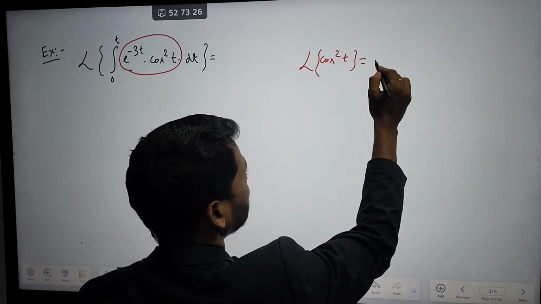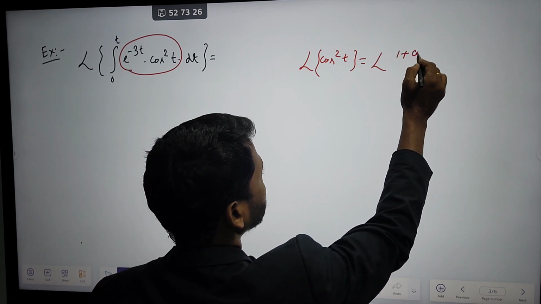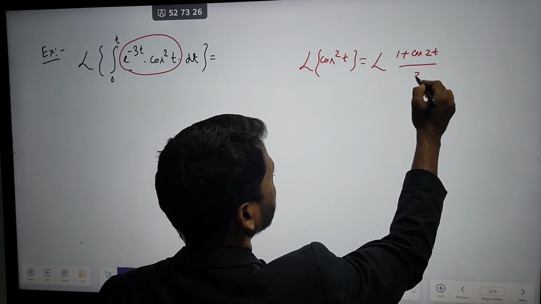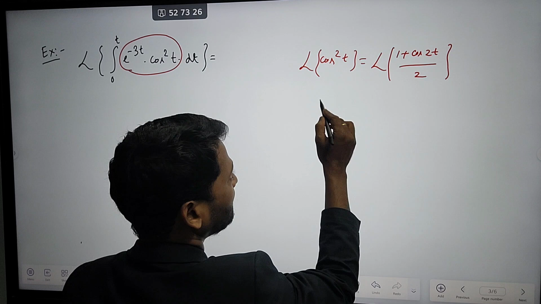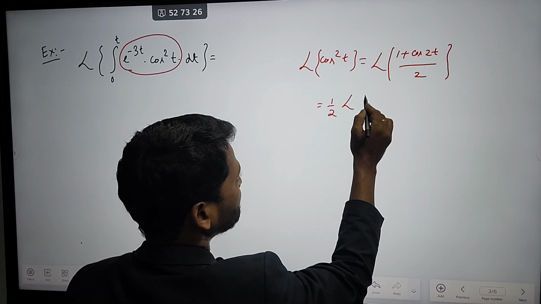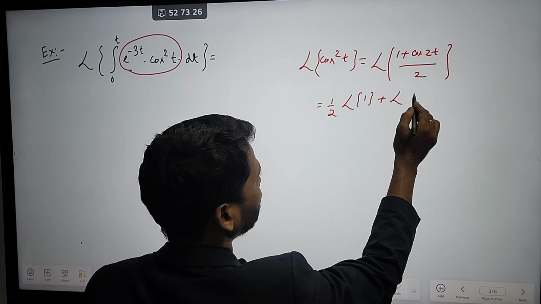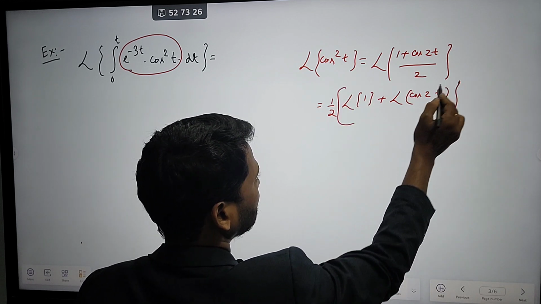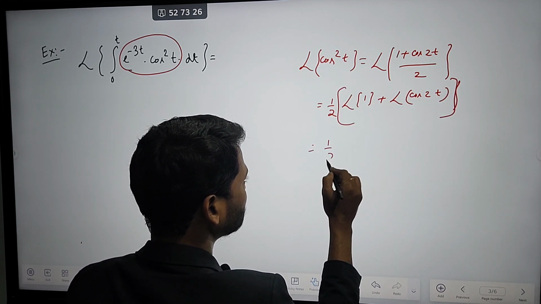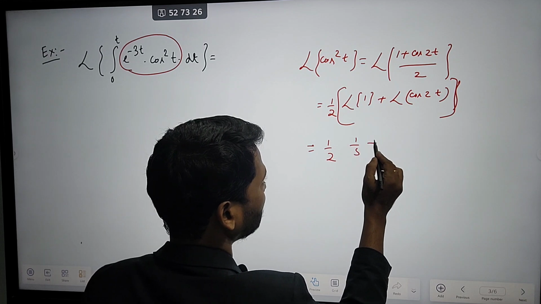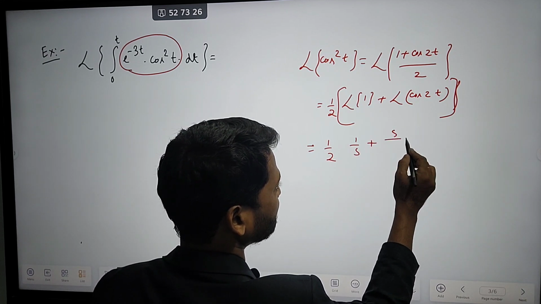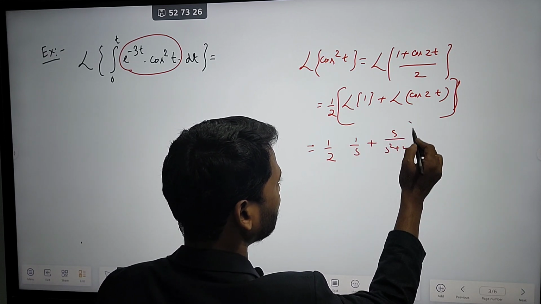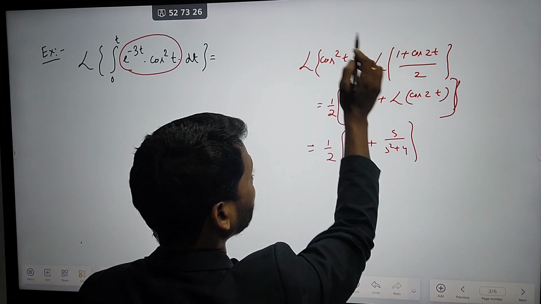What is the Laplace of cos square t? Laplace of (1 plus cos 2t) by 2. Its Laplace is half of Laplace of 1 plus Laplace of cos 2t. Okay, so what is the Laplace of 1? 1 by s, plus the Laplace of cos 2t, which is s by s square plus 4. This is the Laplace of cos square t.